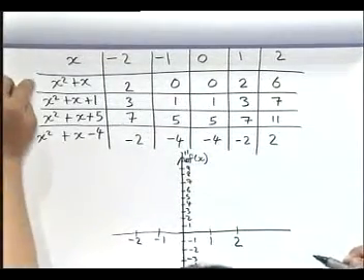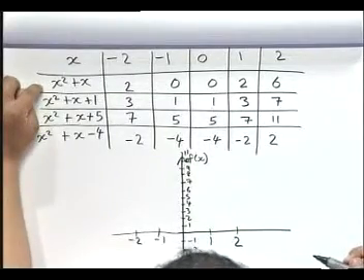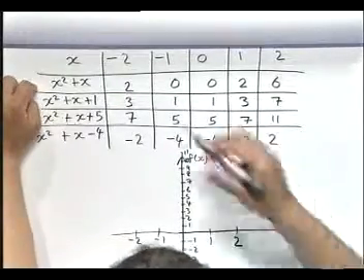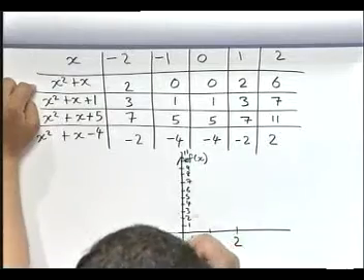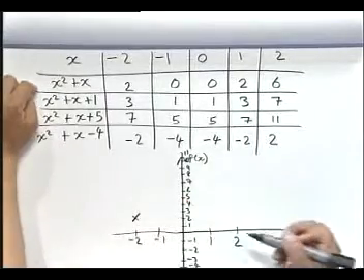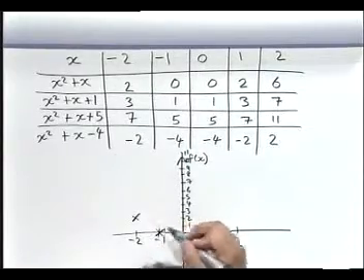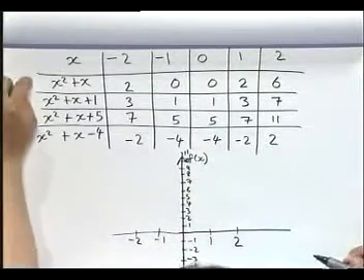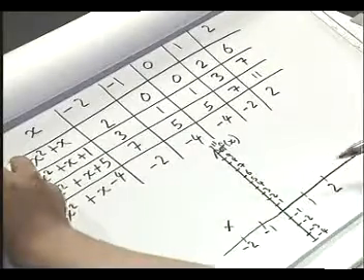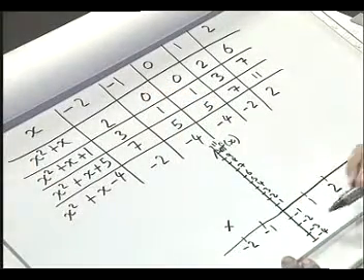So our first graph is the graph of the function f of x equals x squared plus x. So that's minus 2 and 2, which is a point here, minus 1 and 0.